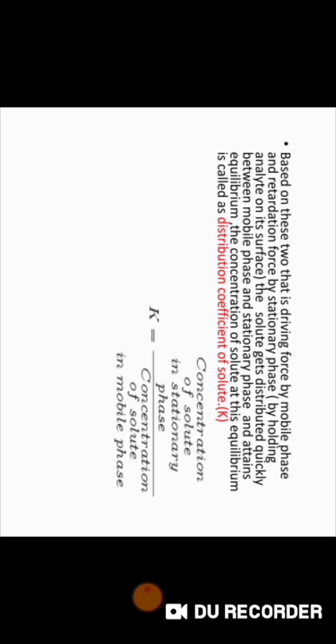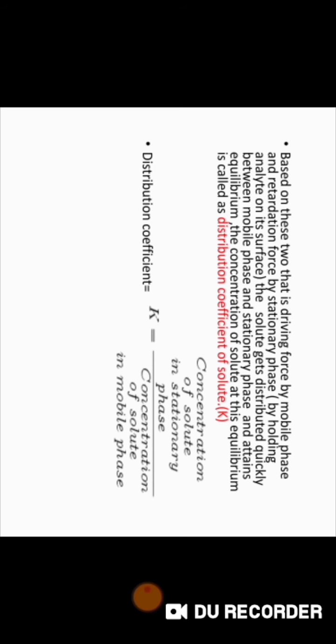The concentration ratio of the solute at this equilibrium is called the distribution coefficient of that solute, which is denoted by K. The distribution coefficient is a unique feature, an individual characteristic, of each and every solute.